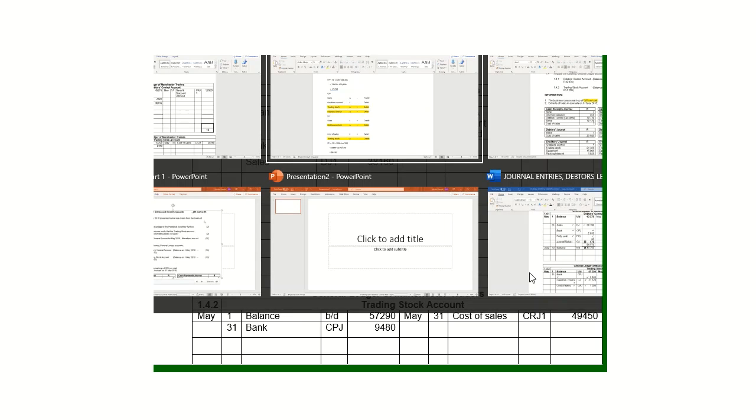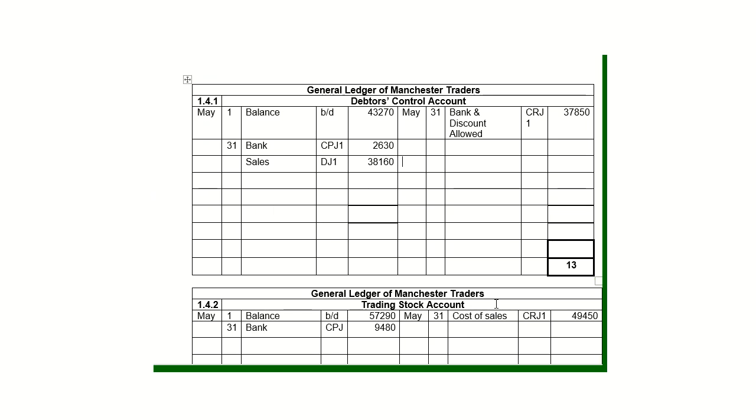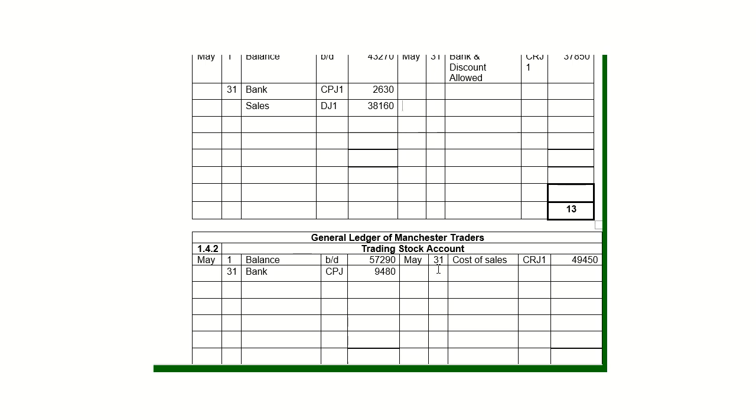Okay, so I've done the first bit. The second is to credit trading stock and debit cost of sales. So go to trading stock on the credit side. I don't have to put anything in. It is still May the 31st. The opposite account, cost of sales.